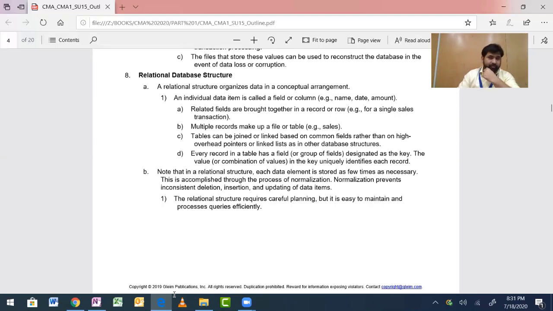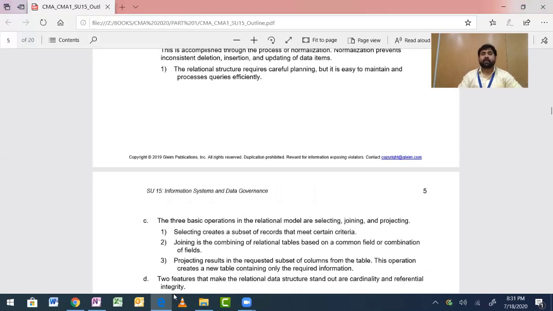This is a process of normalization which ensures all these things. The relational structure requires careful planning, but it is easy to maintain and process queries efficiently. Fine. If things are connected and one thing will lead to another, it will be easy, but while putting things in that order, it will take some time. It will take some careful planning.